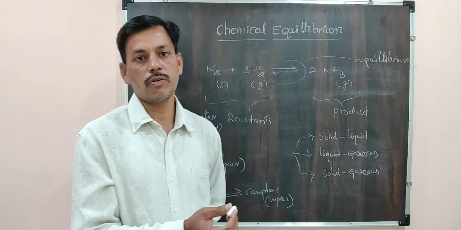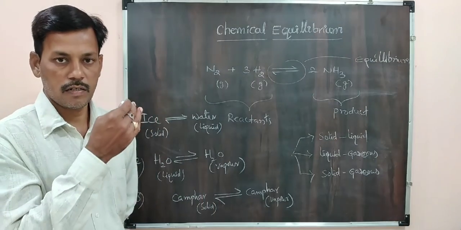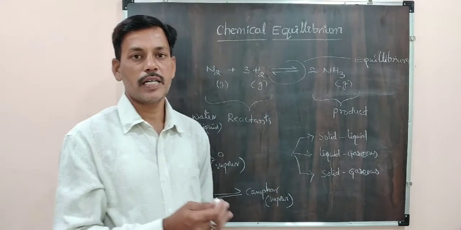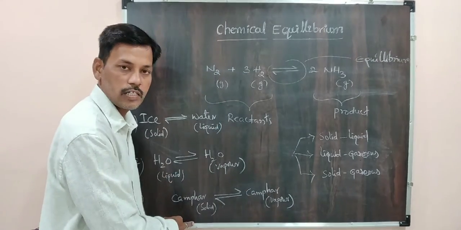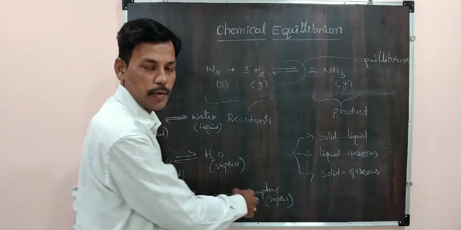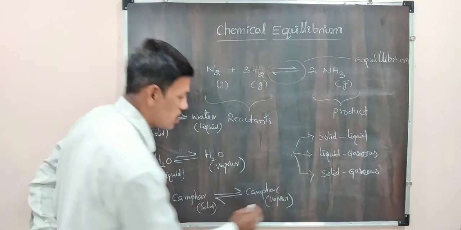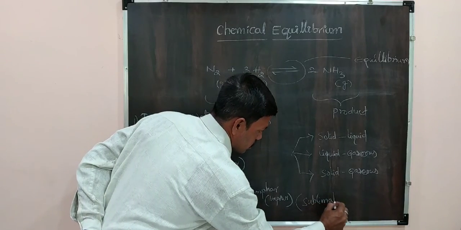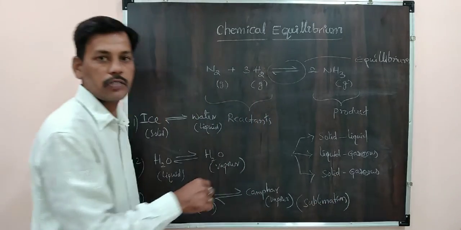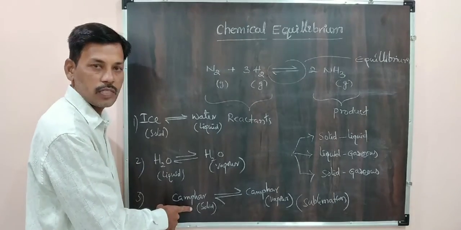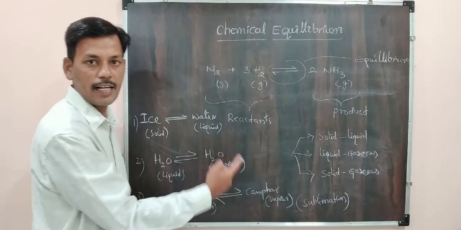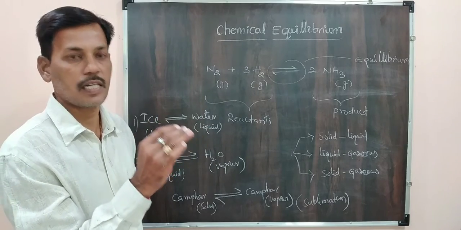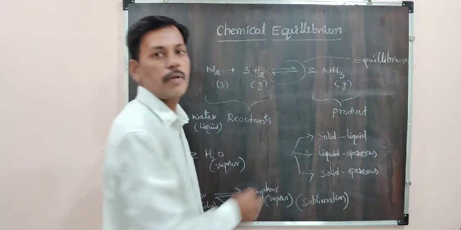But when a substance changes directly from solid to vapor, the process is called sublimation. In the sublimation process, a solid becomes vapor directly. The intermediate phase, which is liquid, is not present in this process.